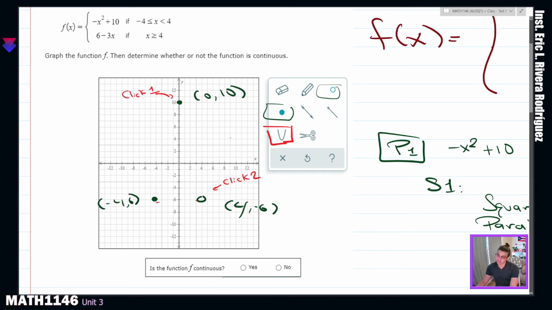So this is difficult for me to draw, but no. Alright, let's focus. No, I cannot draw a parabola. All right, maybe.